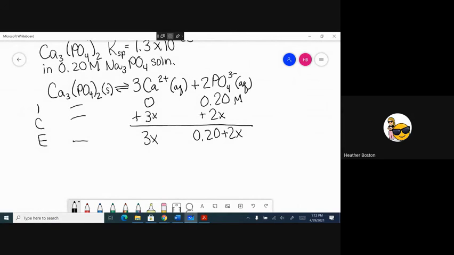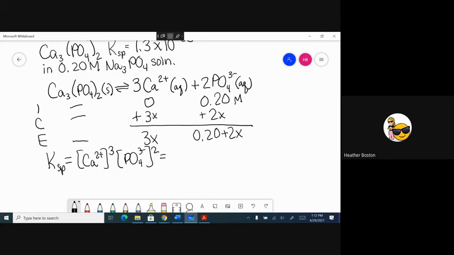Let's go and plug that into our Ksp expression. Ksp, until you get comfortable, I suggest you do all the steps, is the concentration of calcium cubed times the concentration of phosphate squared.